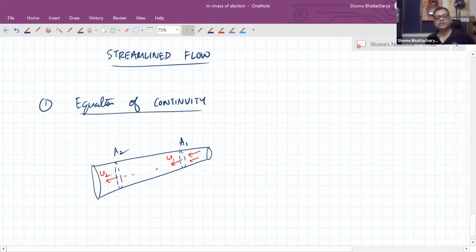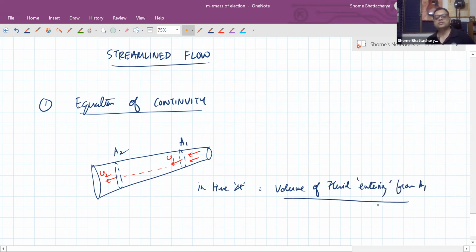Then in time delta t, the volume of fluid entering from the cross sectional area A1 will be delta V equal to A1 V1 delta t.